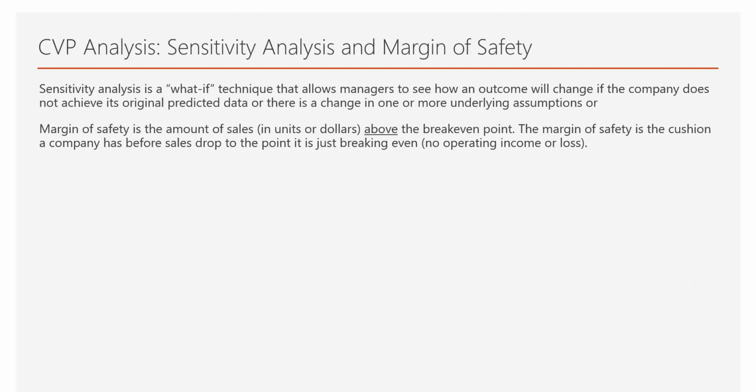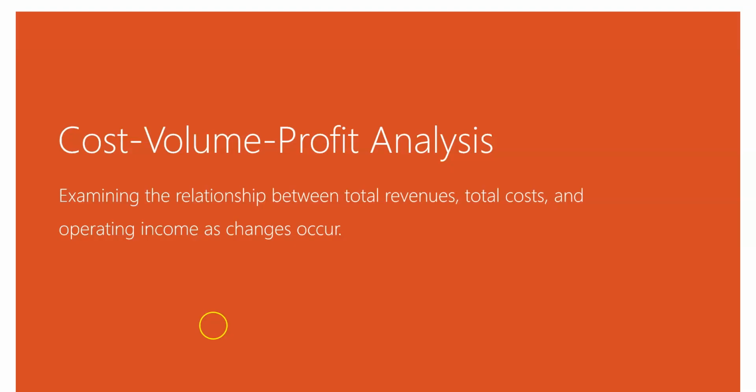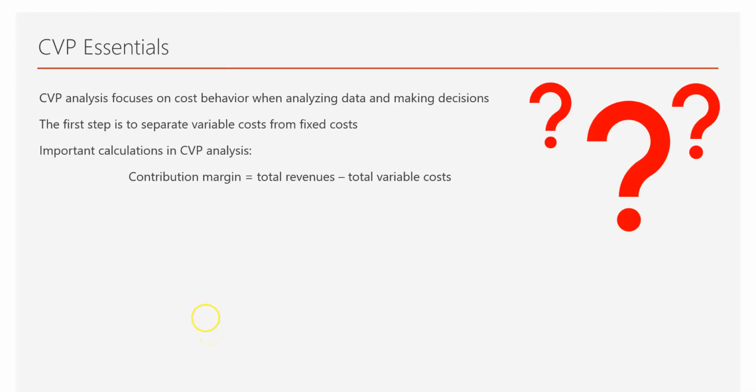Now, sensitivity analysis is a what-if technique that allows managers to see how an outcome will change if the company does not achieve its original predicted data, or if there's a change in one or more of the underlying assumptions. Remember from before, at the beginning, we talked about our underlying assumptions.